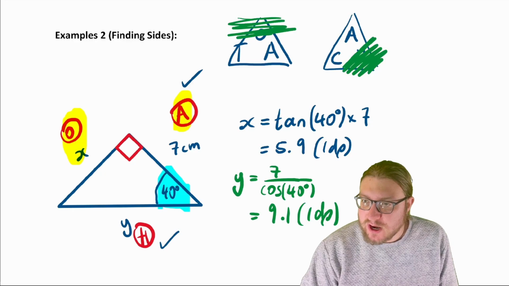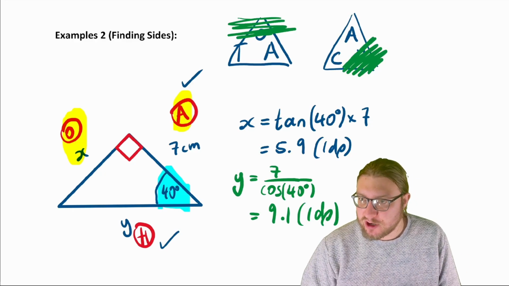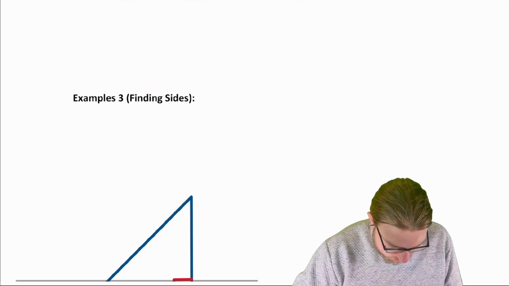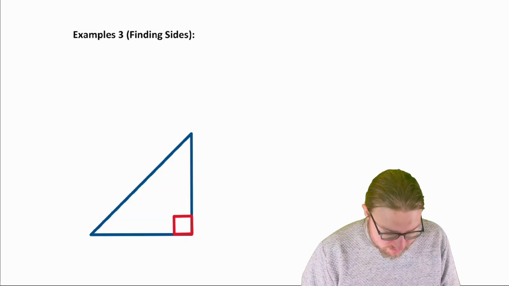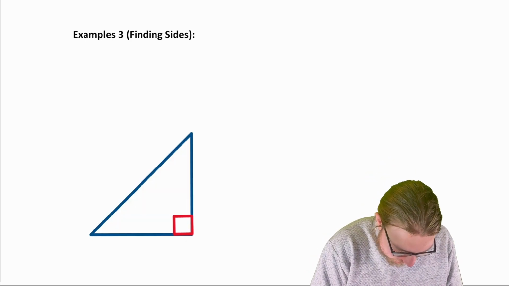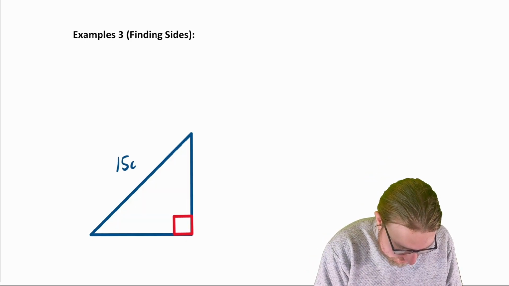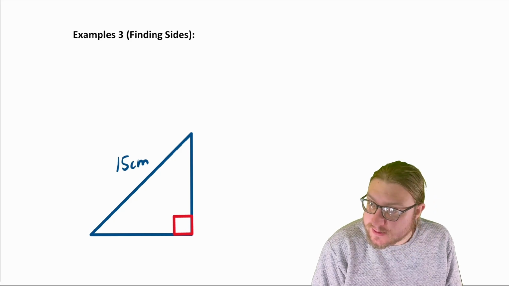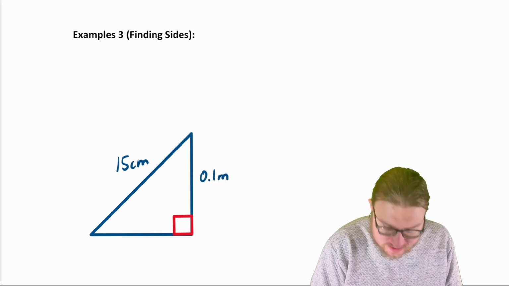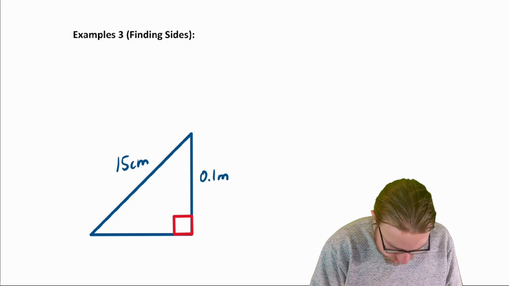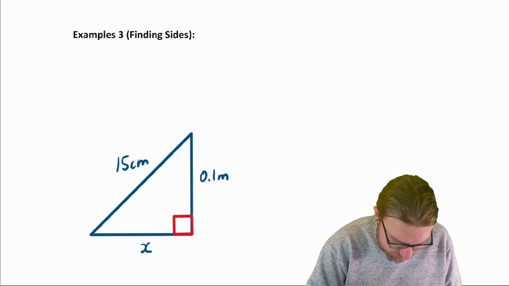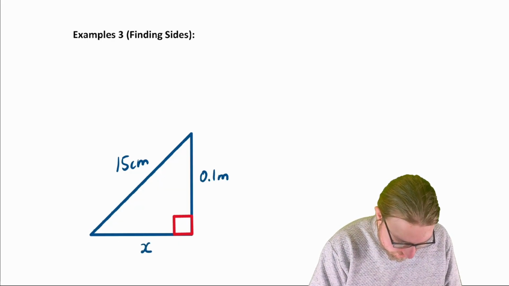Okay, we've now found all of the sides in this triangle. I've got one more example over here for you. Let's say we wanted to find a side, and we've been given an angle.